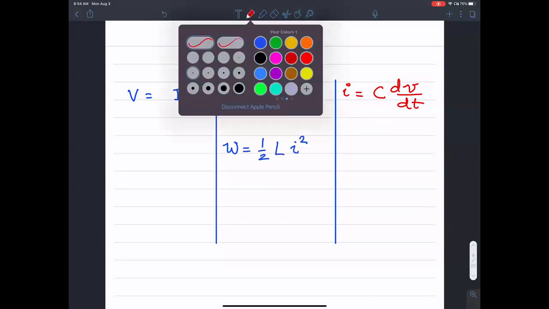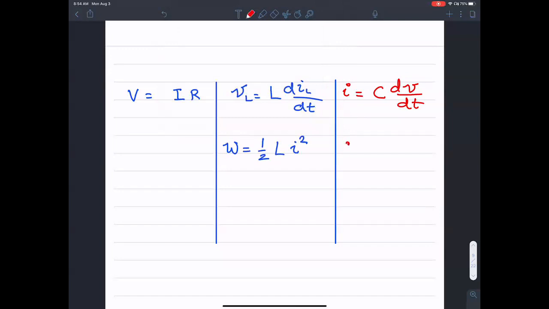The energy stored in a capacitance is half CV squared.